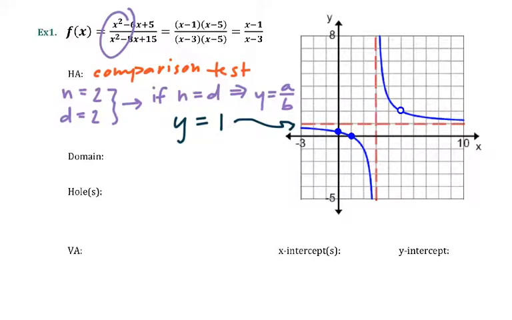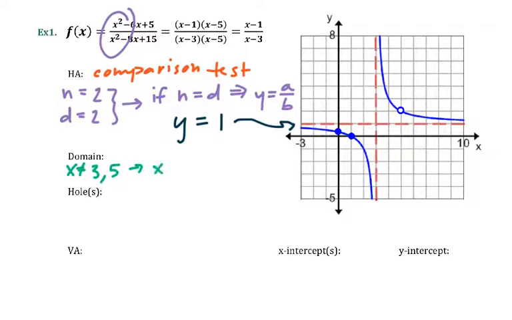Domain isn't new to us. The domain excludes the values that make the denominator 0. It's easy to see in this case that positive 3 and positive 5 would make that denominator 0. So x can't be 3 or 5.